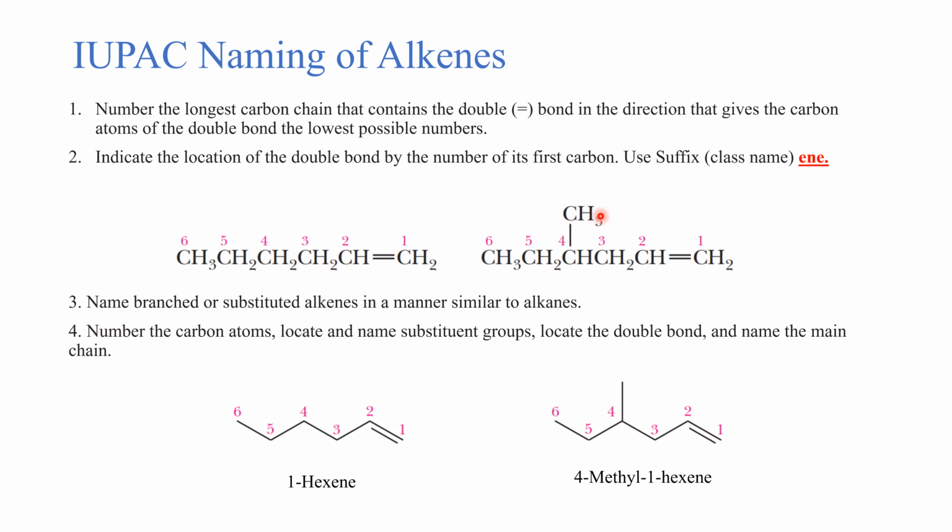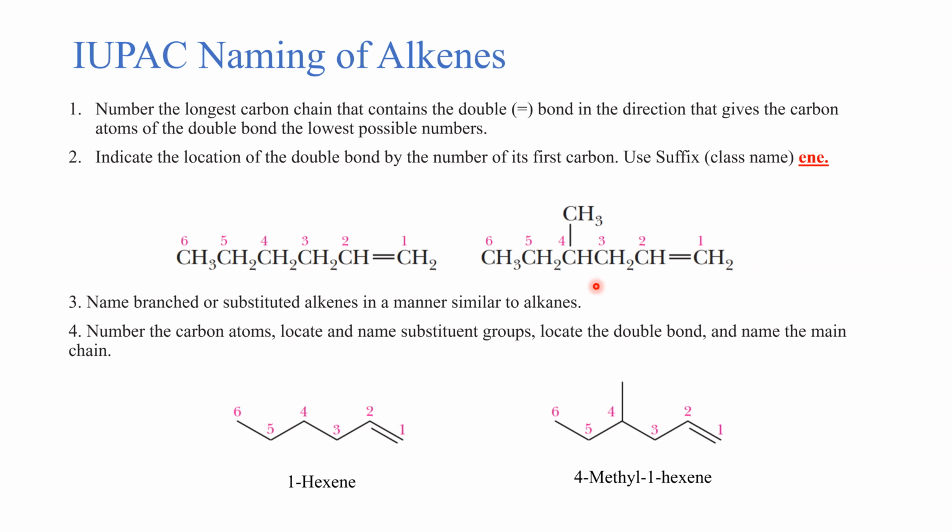And I have told you that in naming of organic compounds, there are 3 parts: the prefix, the parent, and the suffix. The prefix is for mentioning the position and the name of the substituents. The parent is the name of the parent chain, that is, the longest chain.